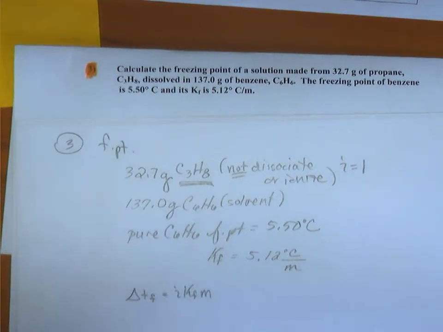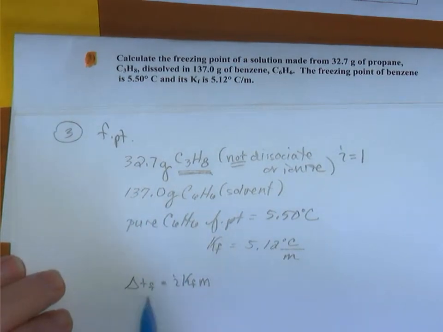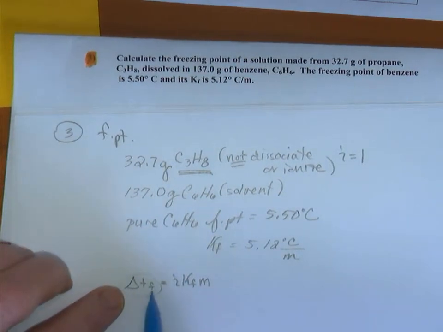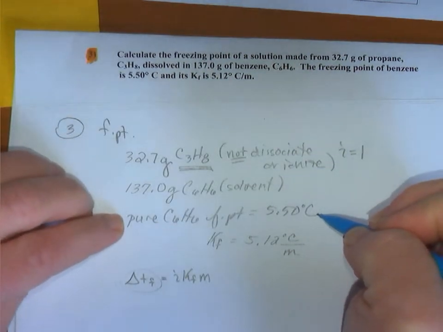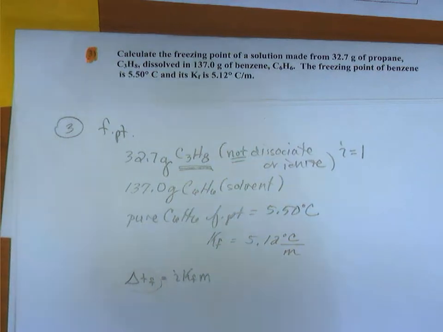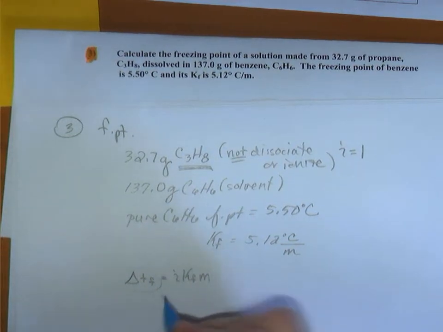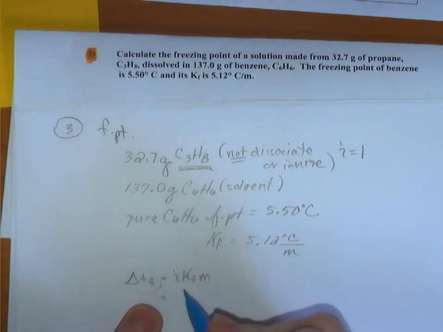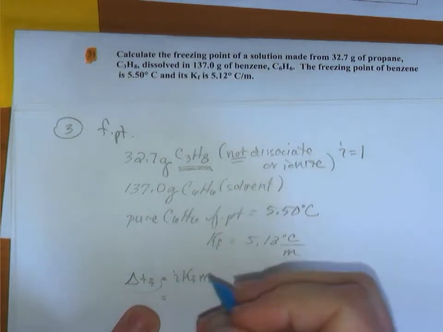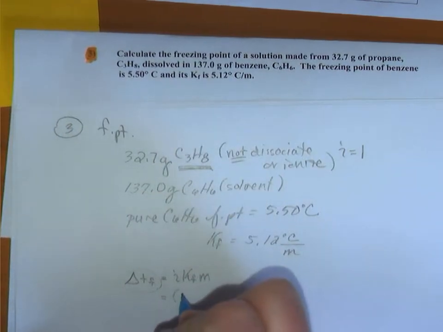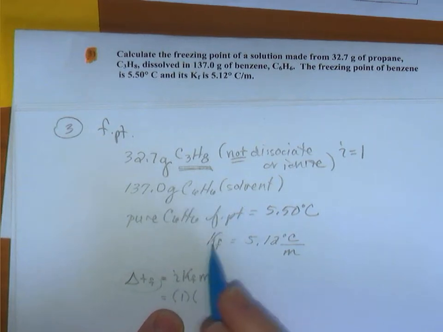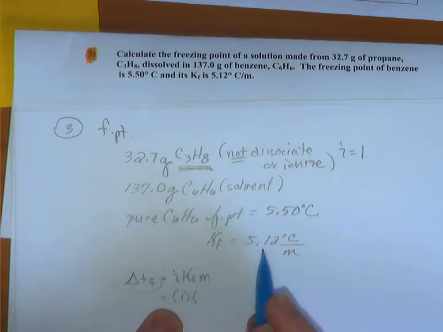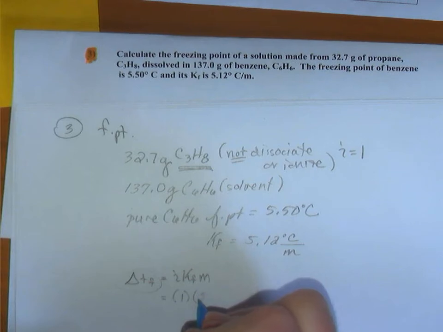We are asked to find the freezing point, so we know we need to find the change in the freezing point and then apply it to the given freezing point. All right, so if we obey our equation, of course, the Van Hoff factor, because it is a covalent molecular solute, is 1. The Kf for benzene, remember, Kf and Kb values are per the solvent, given this in the problem.